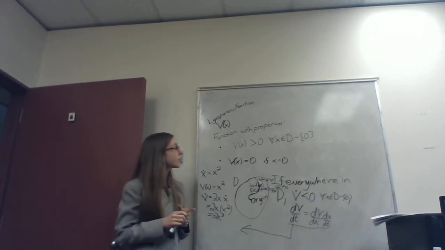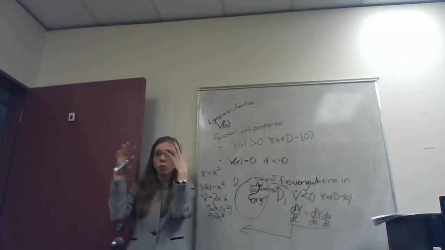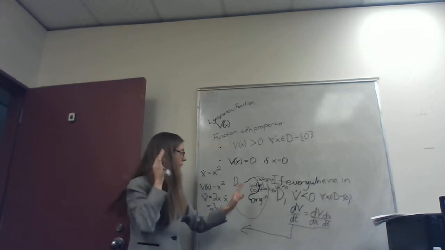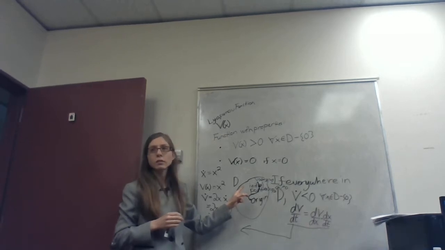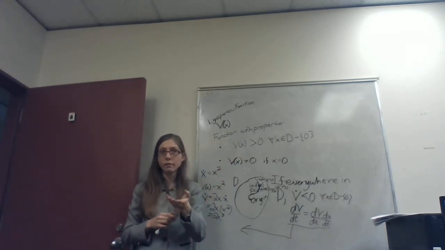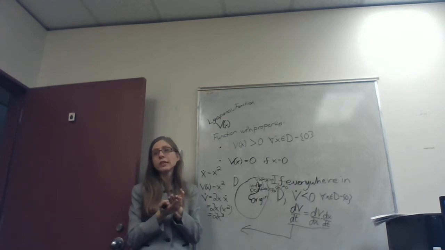So the whole conceptual argument here is this. If I know that everywhere except at the origin V of x is positive, but it's decreasing, and I know at the origin it's 0, then if it decreases forever and ever, the only option you have is that you eventually decrease to 0.